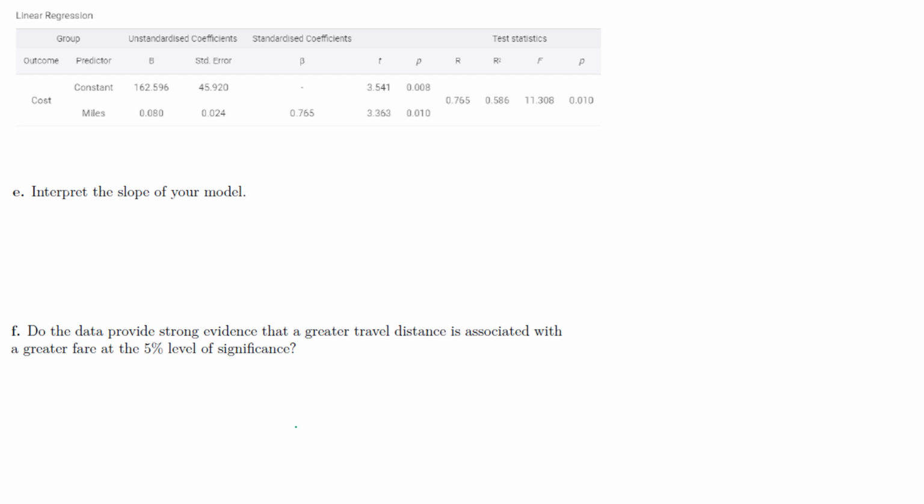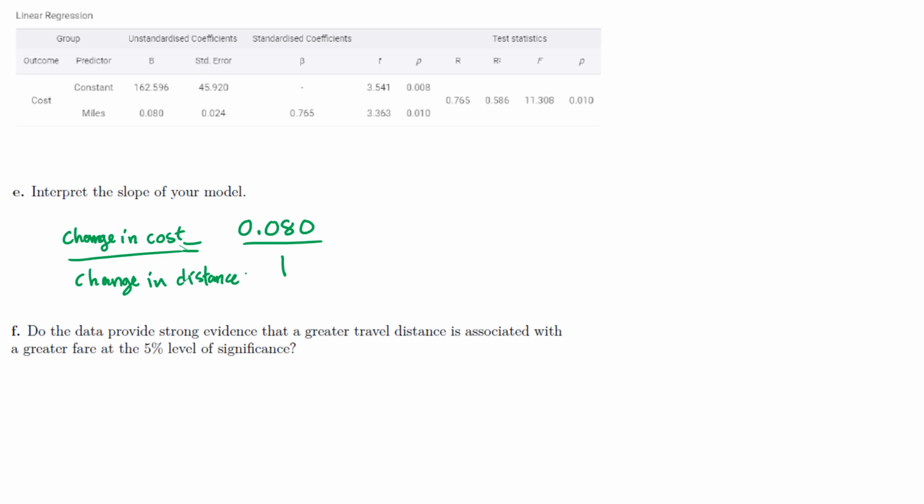Now, part E, we are going to interpret the slope of the model. Remember, our strategy for that is to write out the slope, but then force it to be a fraction by putting it over 1. Then if we remember that slope is always the change in the Y value, which in our case is cost, over the change in x, which in our case is the distance, it's really easy to see what this means.